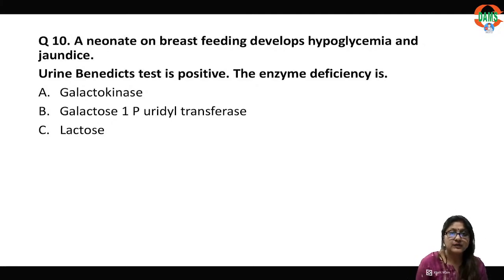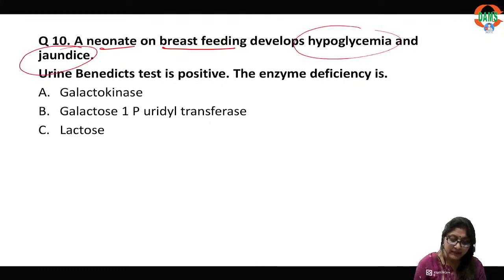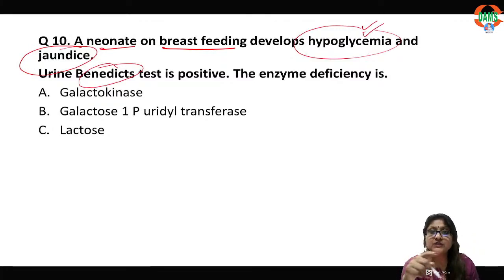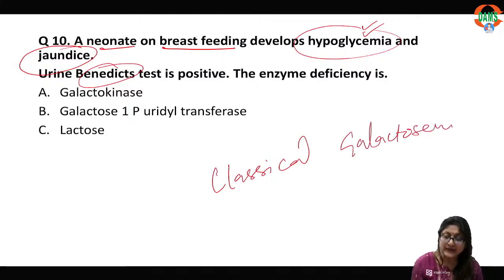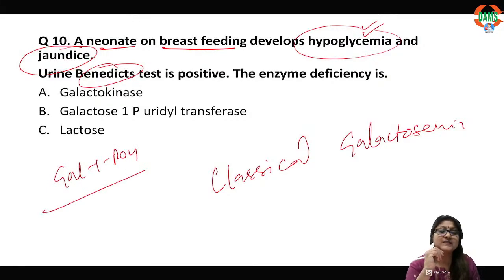Next question, number 10. Neonate on the breastfeeding develops hypoglycemia and jaundice. Benedict test is positive. What is the enzyme deficiency? See, hypoglycemia is a strong hint here. Just now in the previous question I explained to you, only in classical galactosemia you find hypoglycemia. Reason being, galactose 1-phosphate is going to inhibit the glycogenolytic enzyme glycogen phosphorylase.